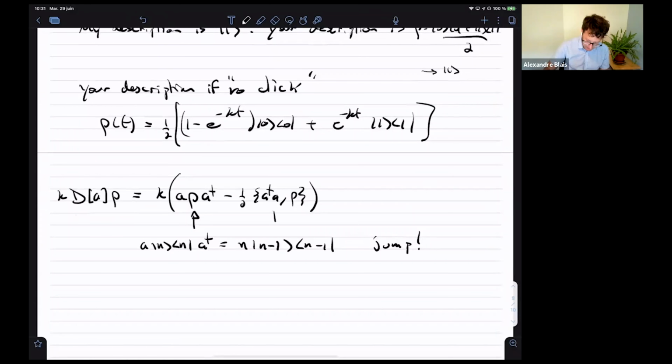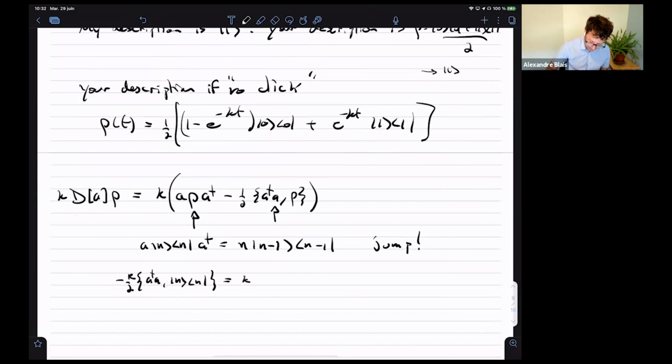What is the role of this second term? Well, if there were n photons, I should add the kappa here, the rate kappa.